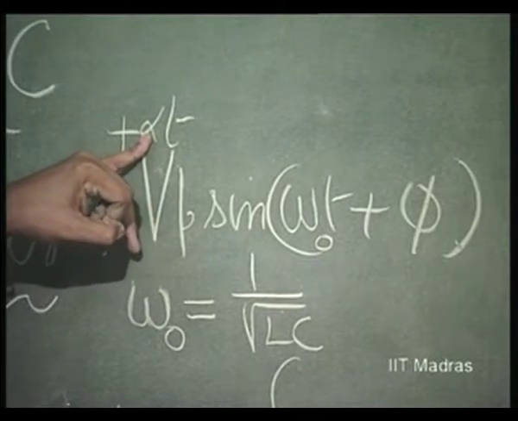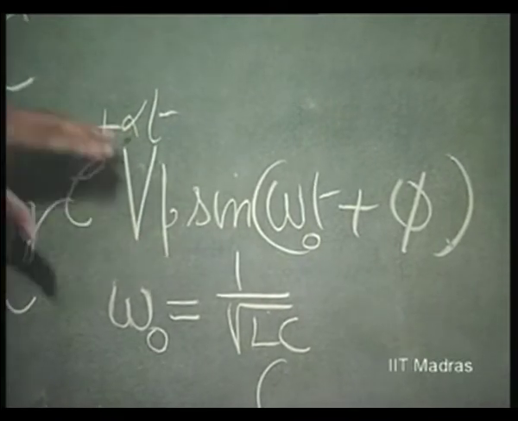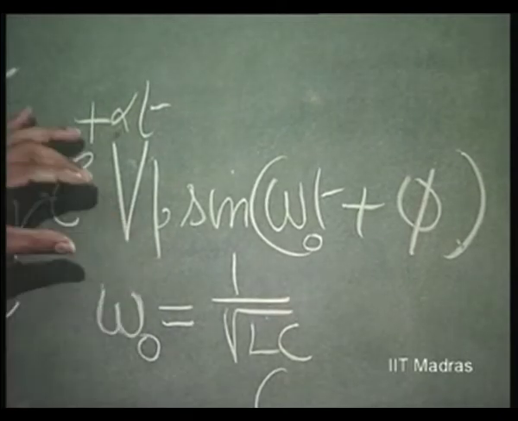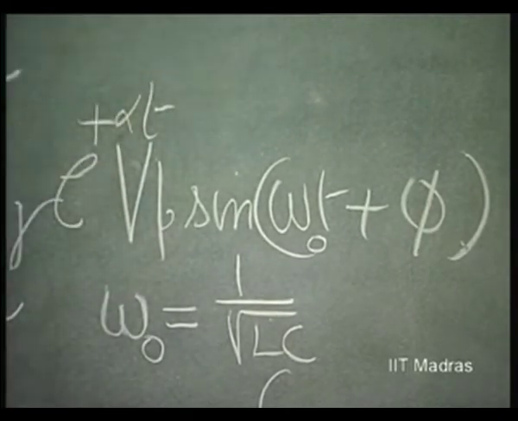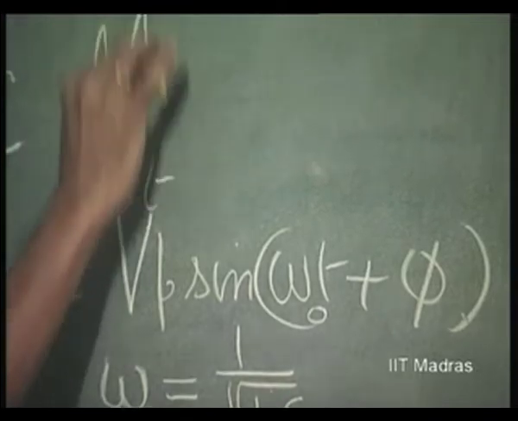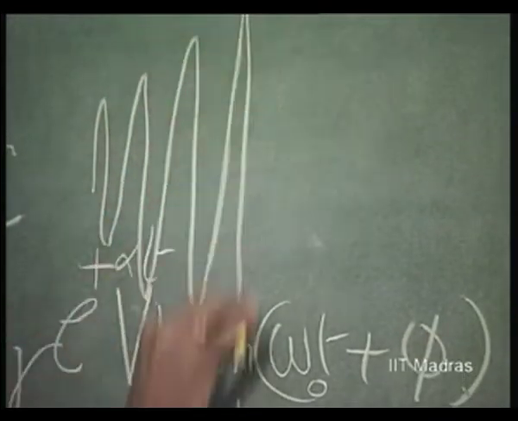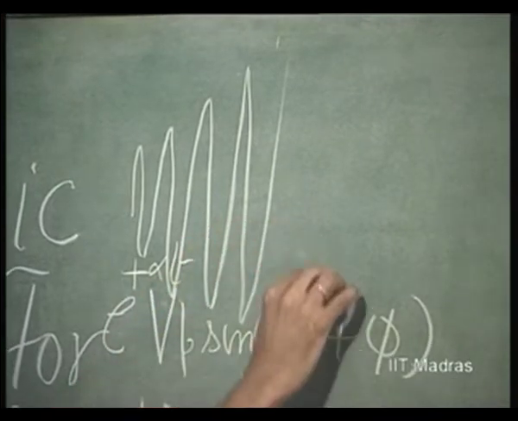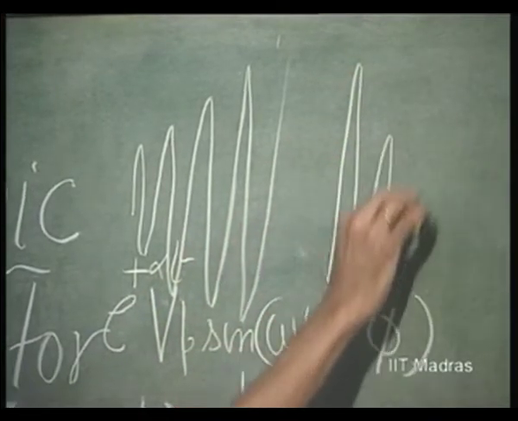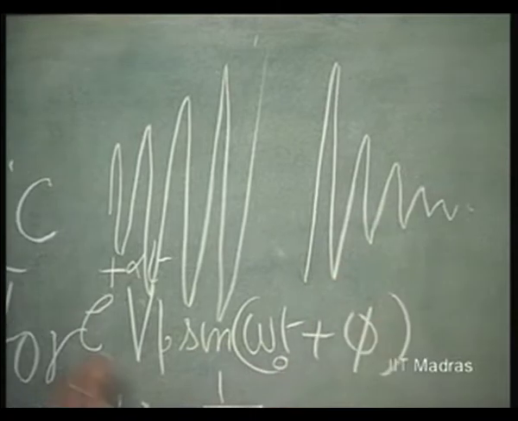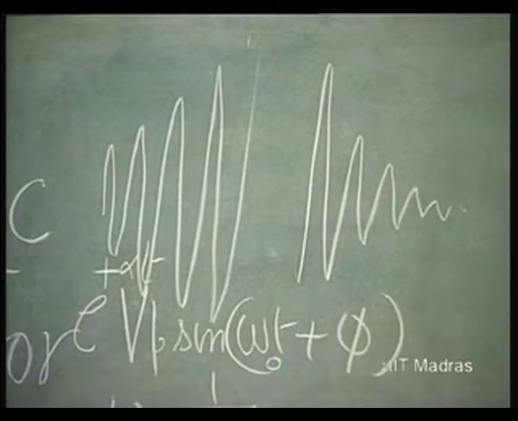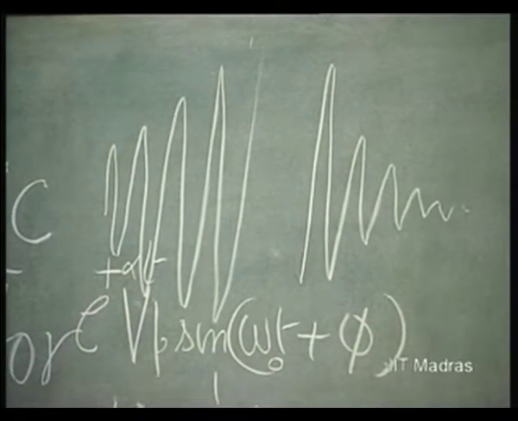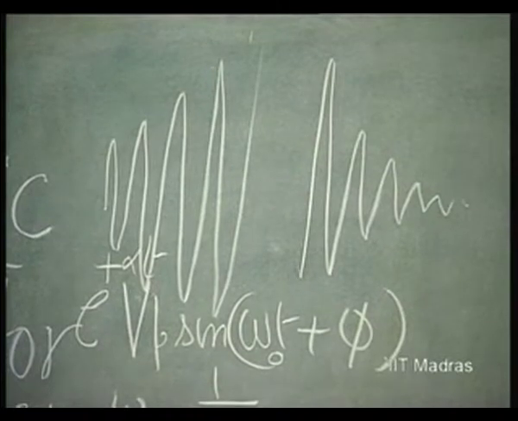If alpha is negative, it will decay. If alpha is positive, it will grow. So, this is the way you have studied in networks. It will grow like this if alpha is positive. If it is negative, it will decay, ultimately become equal to 0, otherwise it will remain constant. So, this property is important to understand in the case of oscillators.